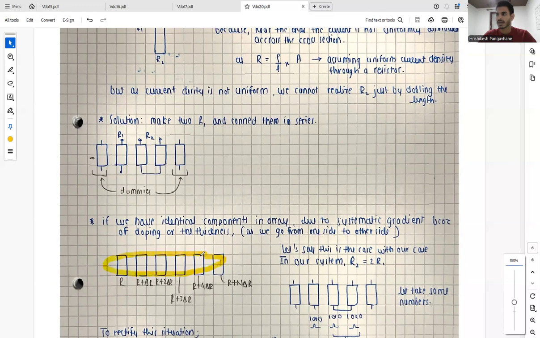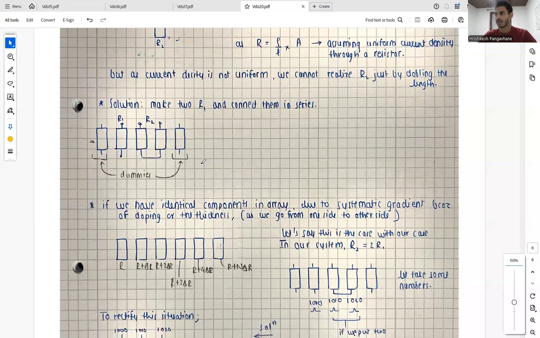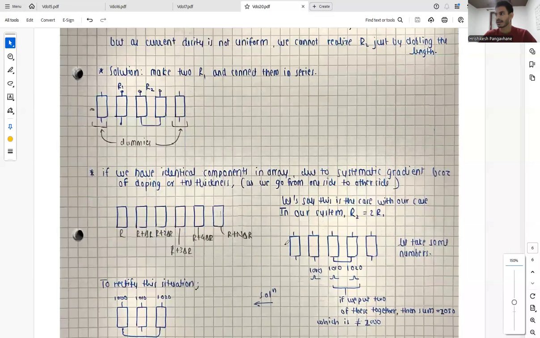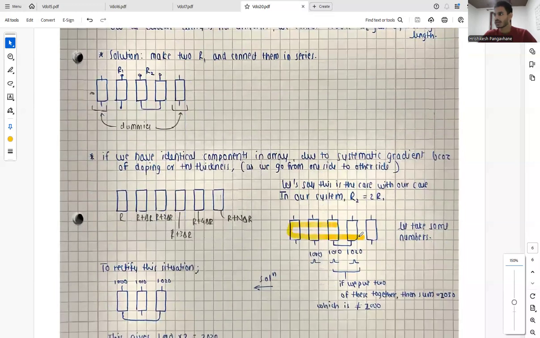So let's say this is what is happening with our array when we are trying to make resistor R2, which is twice the value of R1. Let's take some values to analyze this. Let's say our R1 is 1000 ohms, and we want some resistance R2 whose value should be twice that, so basically we want 2000.